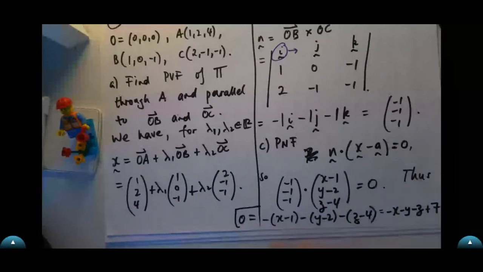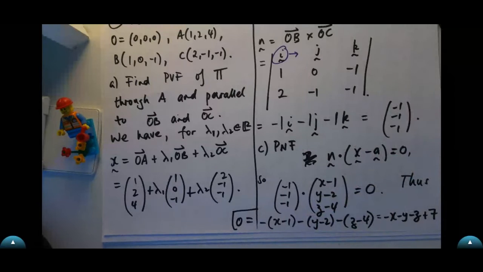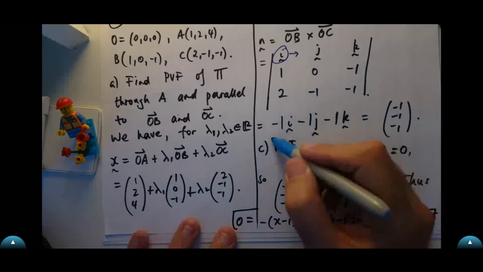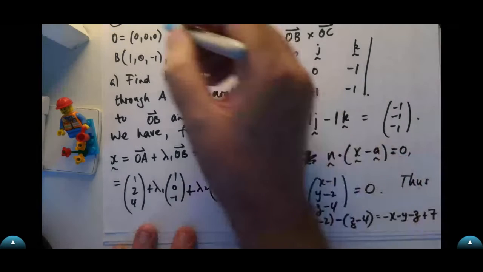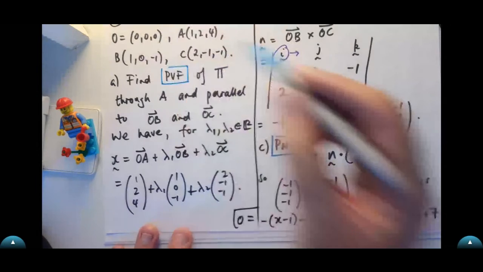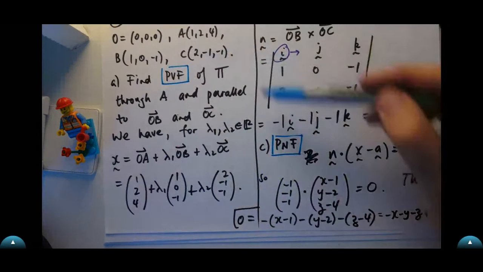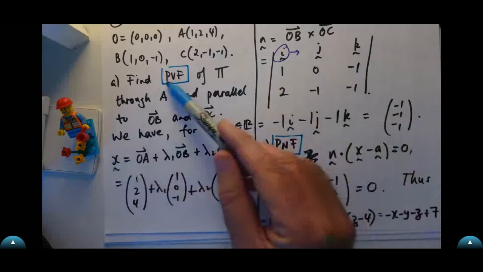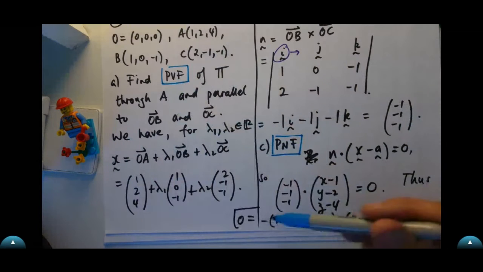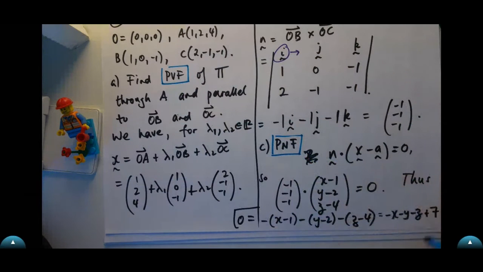That is your Cartesian form. So you can see the point normal form is great because it easily gets you from PNF to the Cartesian.